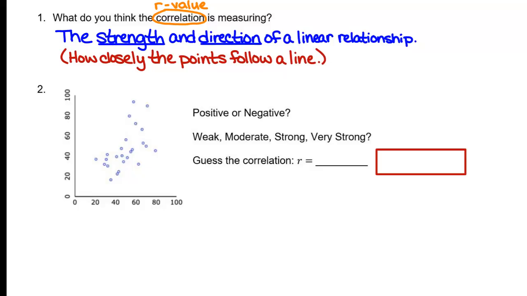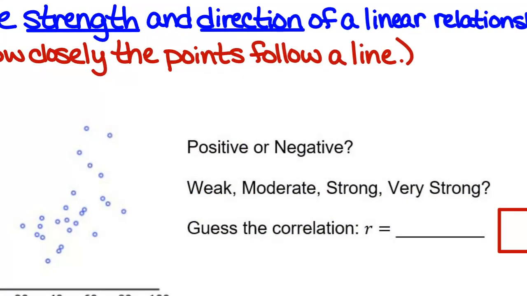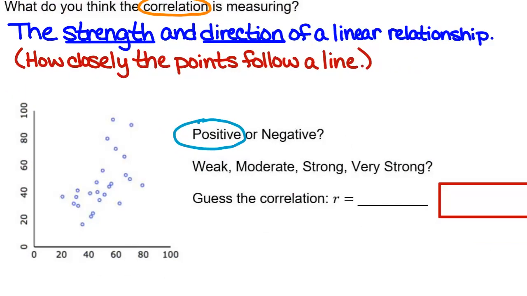So looking at this scatter plot here in number 2, would you describe this as a positive or a negative correlation? Positive. Weak, moderate, strong, or very strong? I would go with moderate. All right, so now using those other R values as a guide, I want you to come up with your best guess for what you think the R value is here.